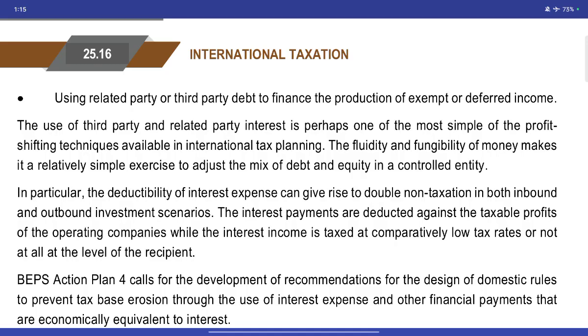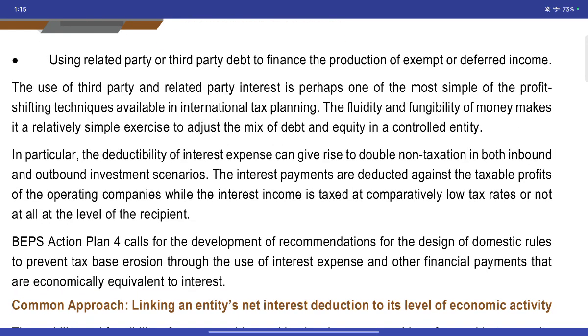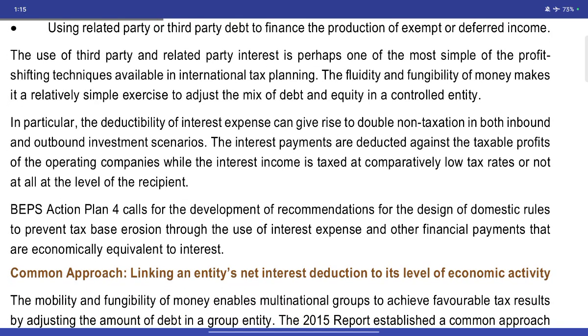Using related party or third party debt to finance the production of exempt or deferred income is perhaps one of the simplest profit shifting techniques available in international tax planning. The fluidity and fungibility of money makes it a relatively simple exercise to adjust the mix of debt and equity in a controlled entity.